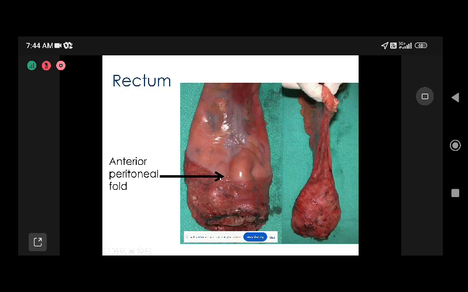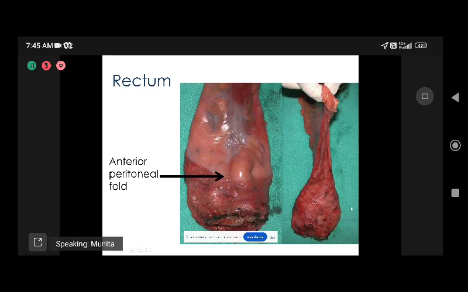So here is the anterior peritoneal reflection. This is the anterior surface of the rectum, and we need to document whether the tumor is sitting here or it is above or below, because underneath the lower surface is the bare surface or the circumferential resection margin, and tumors which are at and below have a higher risk of recurrence.